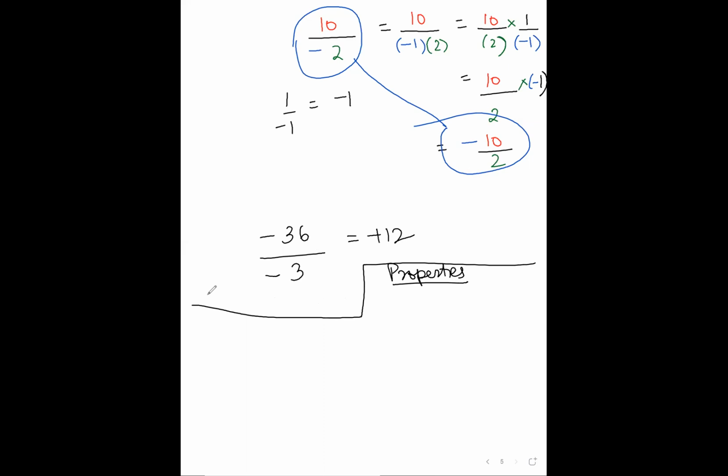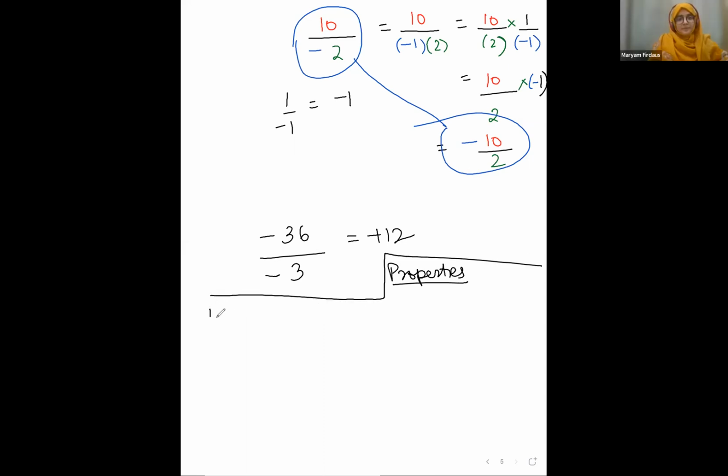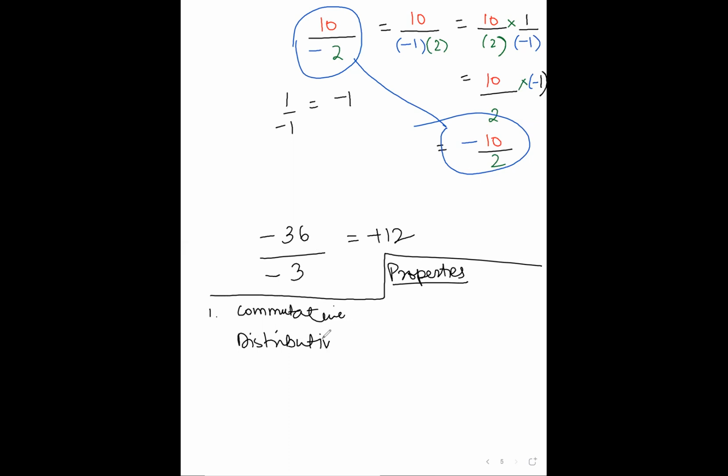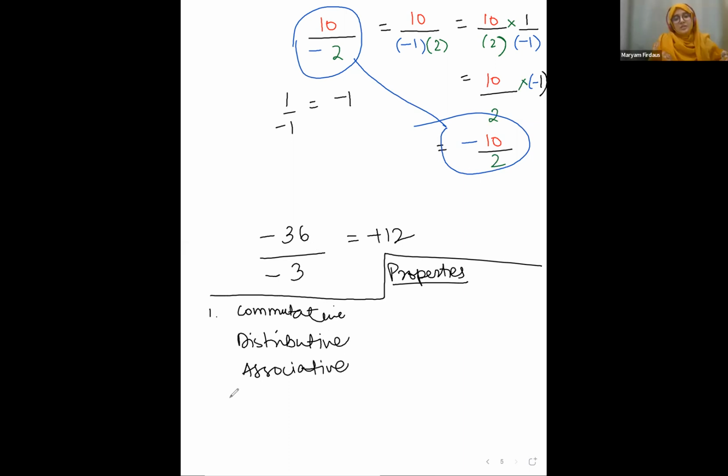Commutative, distributive, associative properties. Very good. And closure. Okay. What does closure mean?